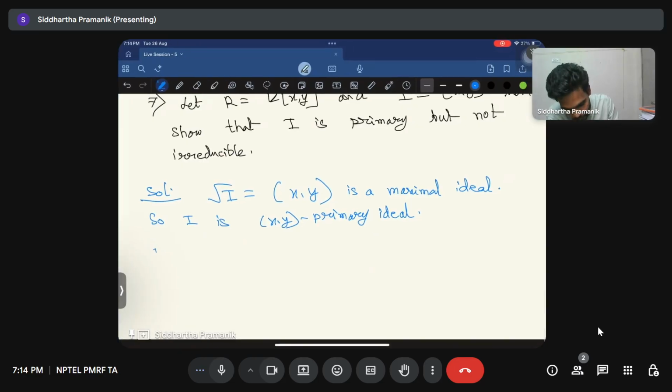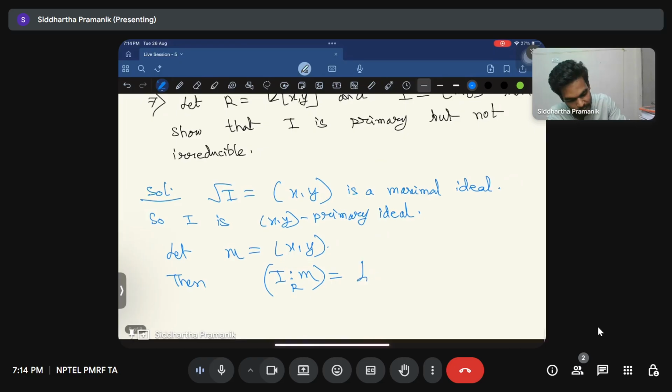So let's use the notations. Let M be the maximal ideal generated by x, y. Now what about this colon, I colon M in R?